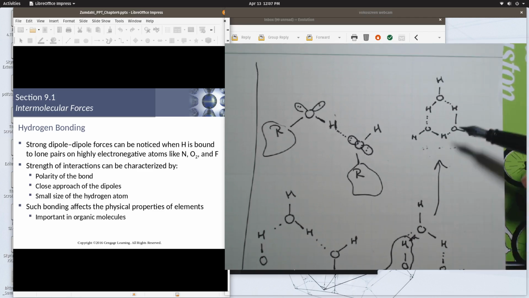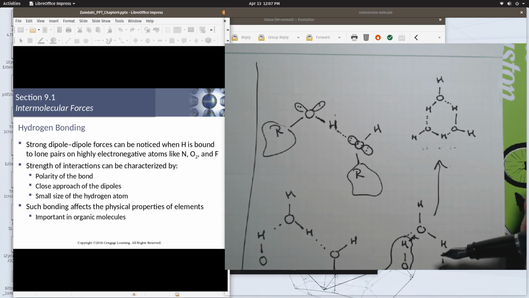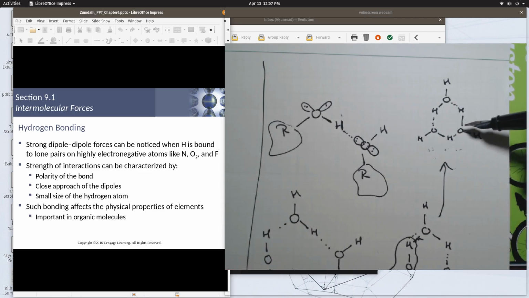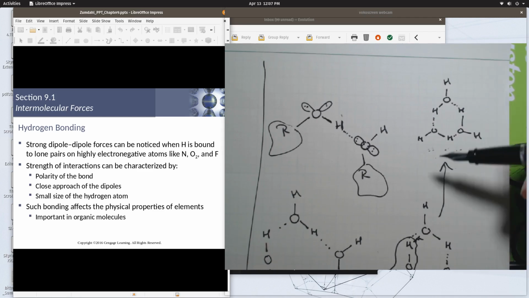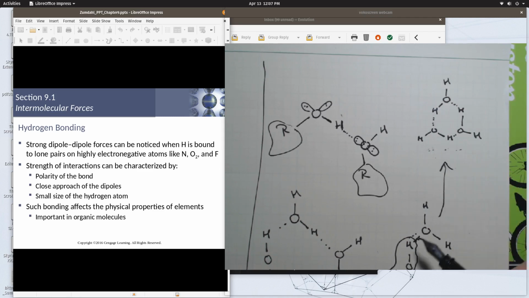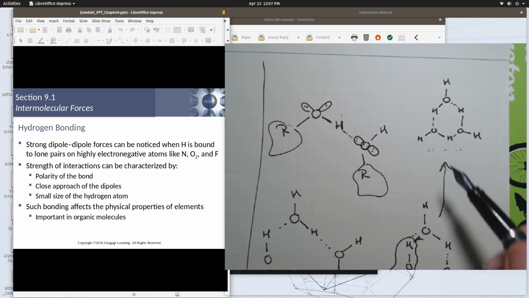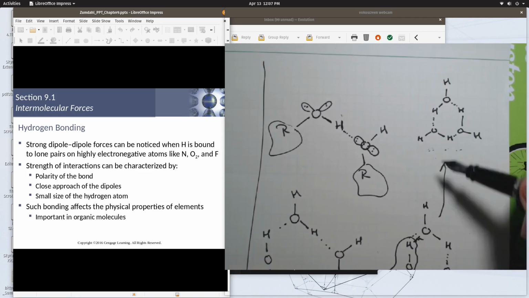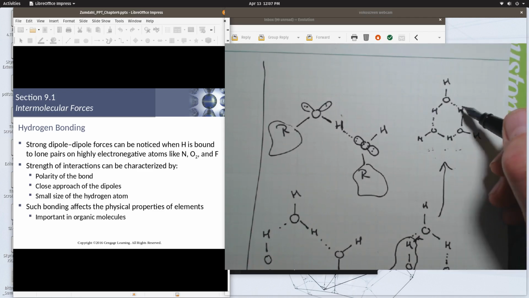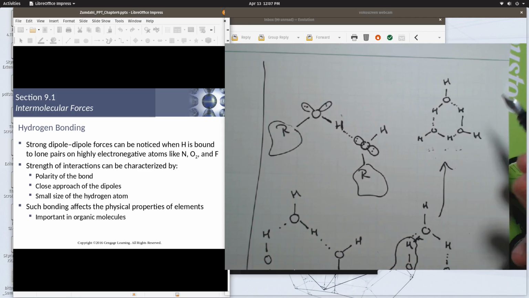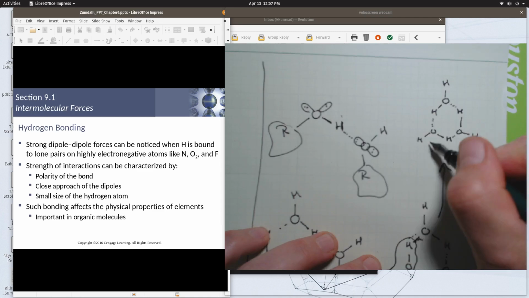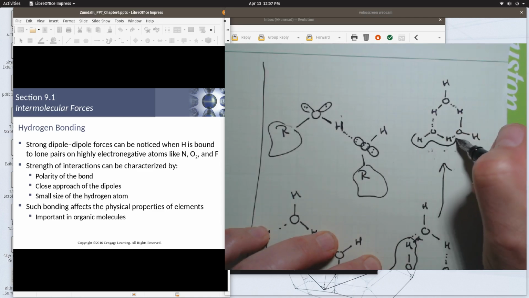And there's not a lot of energy difference between this configuration of water and this configuration of water. And so consequently, these hydrogens that are in a hydrogen bonding network tend to move around very easily, even though it doesn't look like I've changed anything. I've just made this bond a little bit longer, and maybe this one a little bit longer, and this one a little bit shorter, and now this is my molecular unit.